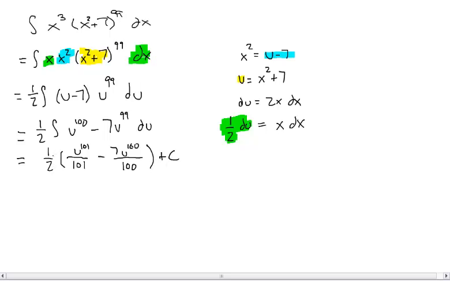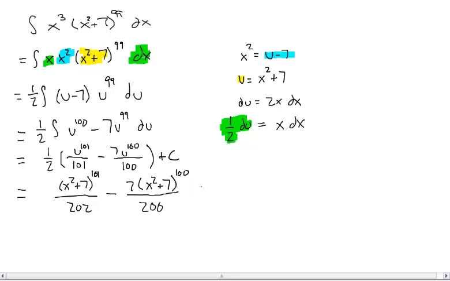Now this 1/2 is distributed to both of these terms. So I'm going to rewrite this. While I'm replacing my u with x squared plus 7, I'm also going to multiply the 2 times each of the denominators. So here I'm going to have (x squared plus 7) to the 101 divided by 202, minus 7 times (x squared plus 7) to the 100 divided by 200, plus c.